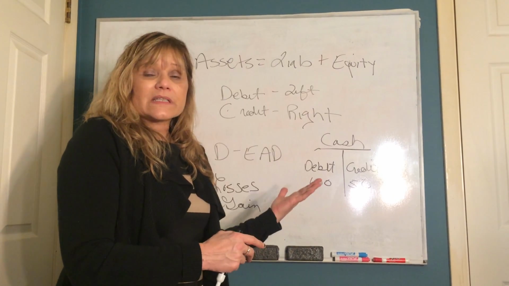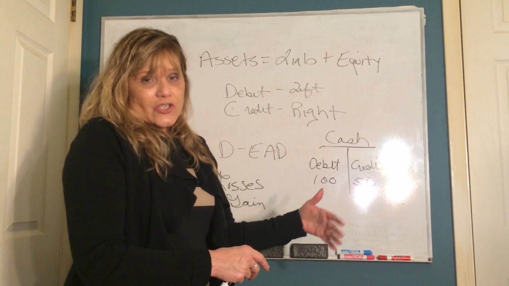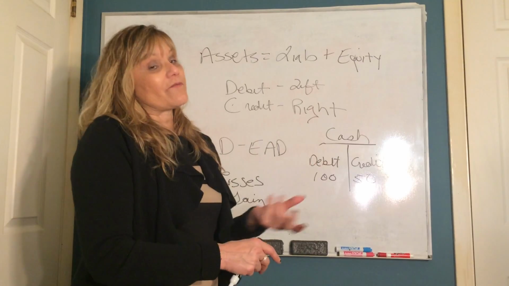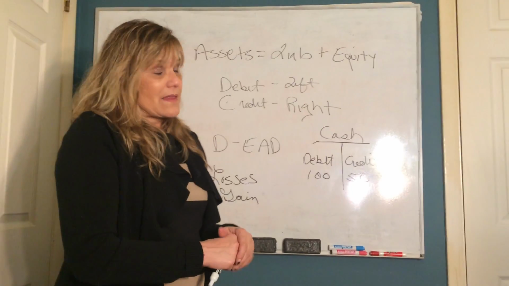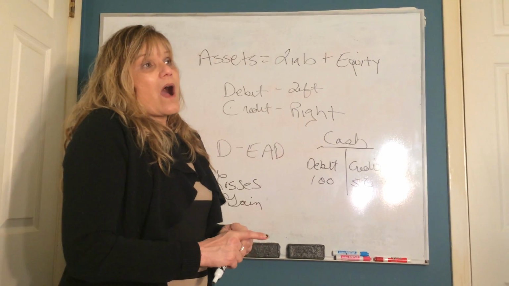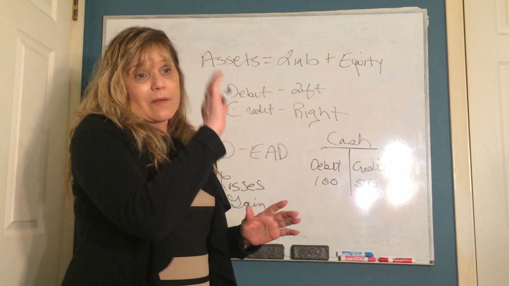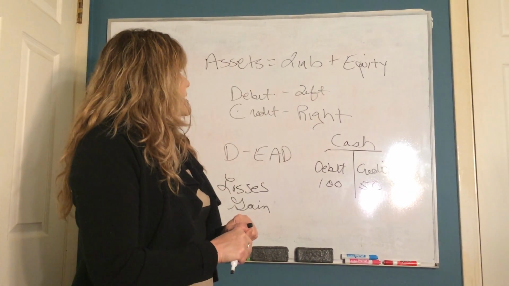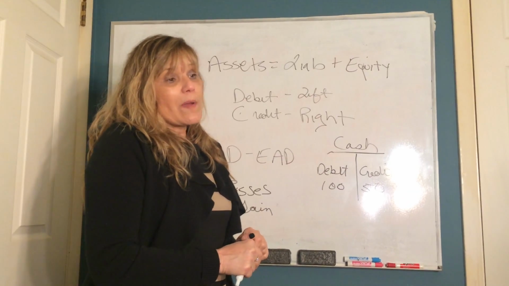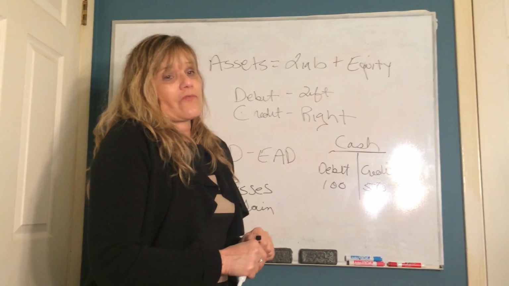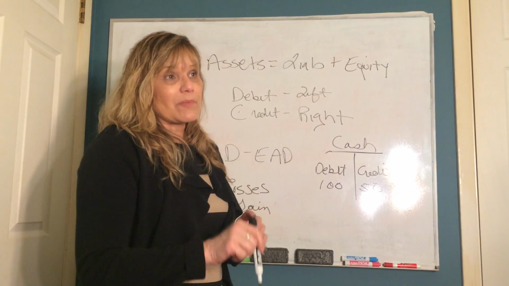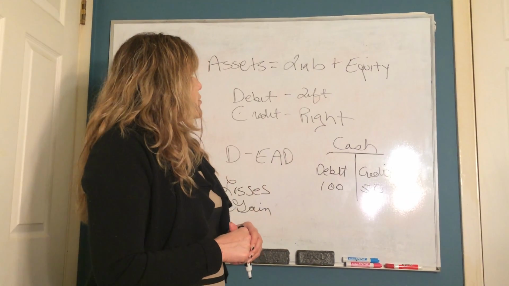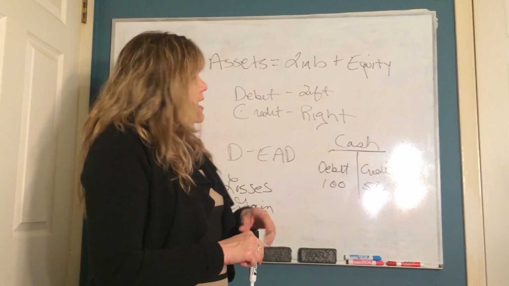I am an account receivable to Macy's. The transaction happened, but they didn't physically collect my money. So I'm an account receivable to them. That's an asset. Inventory. We're going to talk about that down the road, but inventory is an asset account. Equipment. If I purchase equipment or furniture, those are asset accounts. Supplies. If I purchase a supply and I keep it, I'm not using it, that's an asset account.